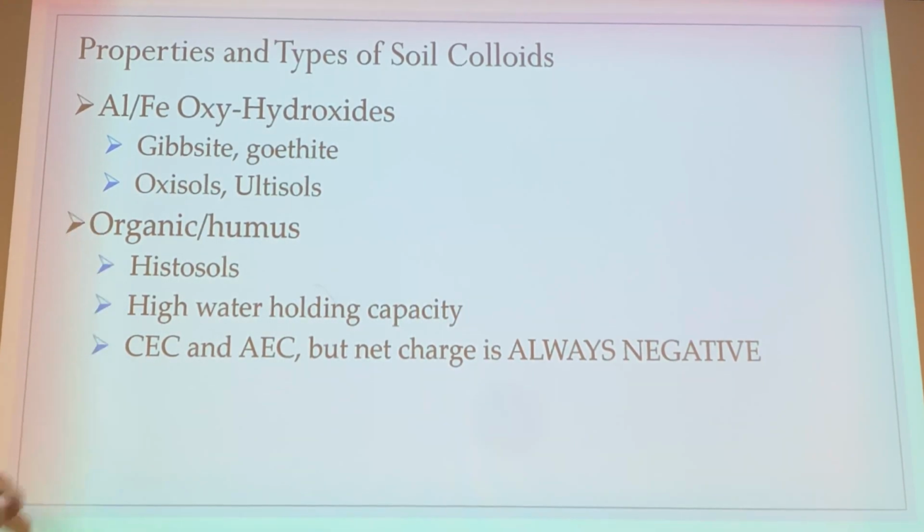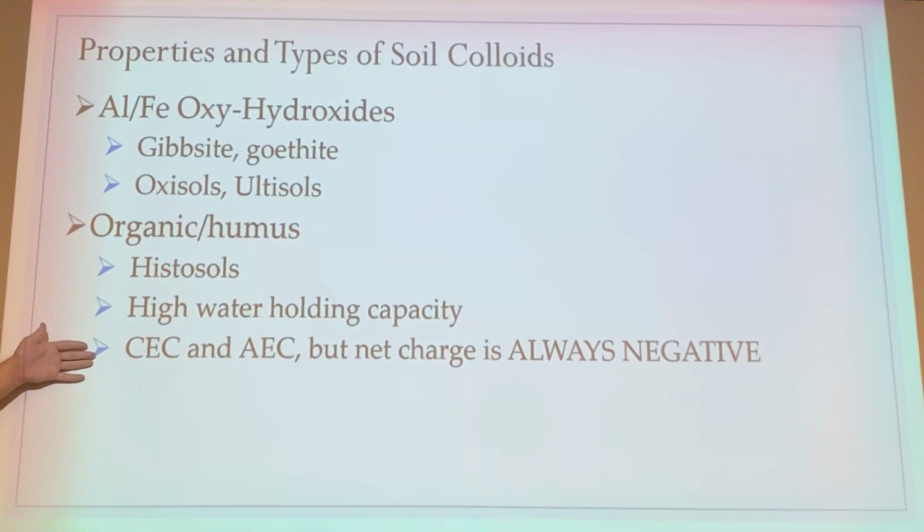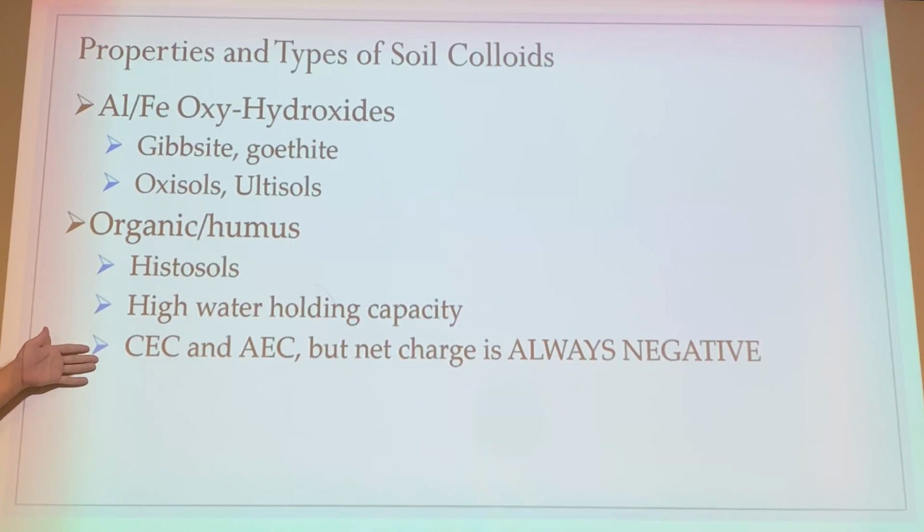And we'll be concerned with the organic matter or the humus, mostly in our histosols, but they play a large role because we need to keep that water in the soil because that's how our nutrients move into the plant. They'll have both CEC, cation exchange capacity, and anion exchange capacity, and I'm going to go over this in a moment. But the charge is always negative.